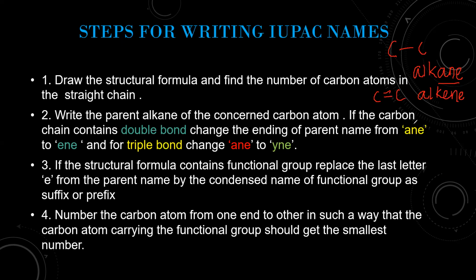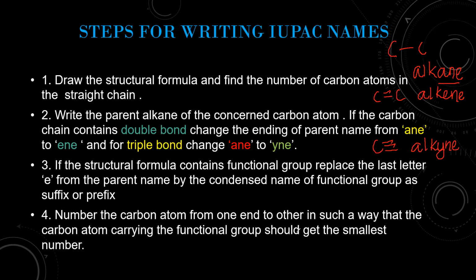If triple bond is present, then ANE will be replaced by YNE. So for double bond, ANE will be replaced by ENE, and for triple bond, ANE will be replaced by YNE.